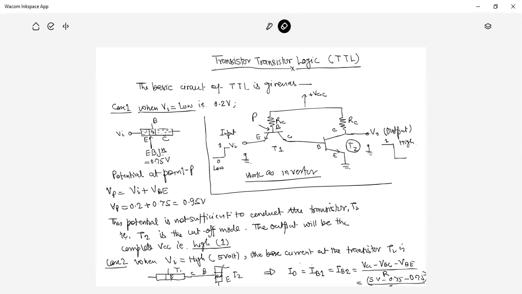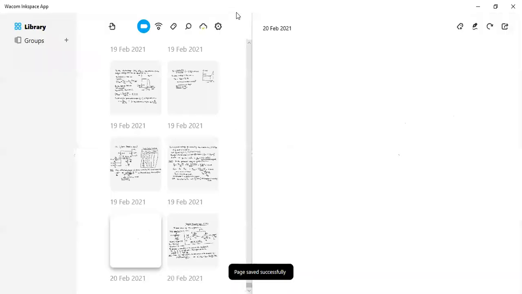So let us see on the new page. IB2 is equal to VCC minus VBC minus VBE upon the resistance R. So this is 5 volt minus 0.75 volt minus 0.75 volt divided by 4 kilo ohm.